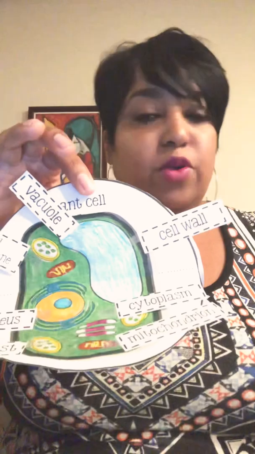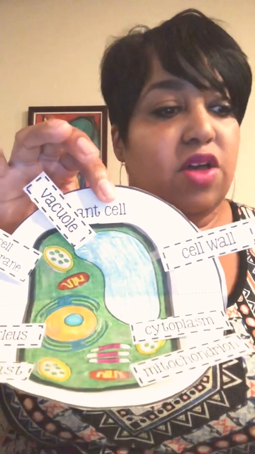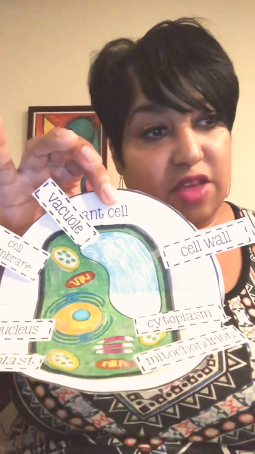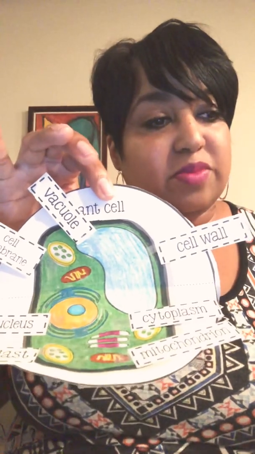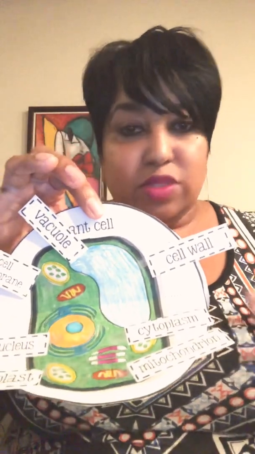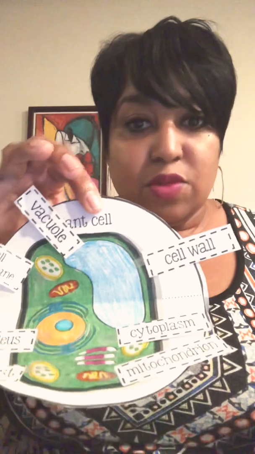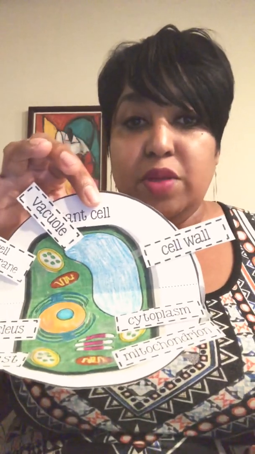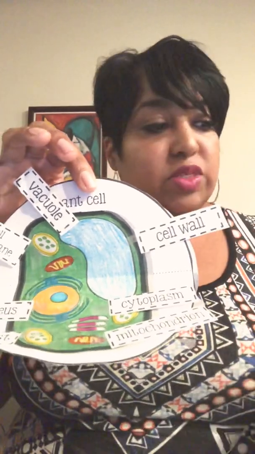Your notes for your animal and plant cell are located inside of Google Classroom. Please look over your notes. If you want to, you can print them or you can rewrite them in your notebook so that you have them for your own safekeeping. Once you are done, you can go ahead and stick your cell back into your notebook.